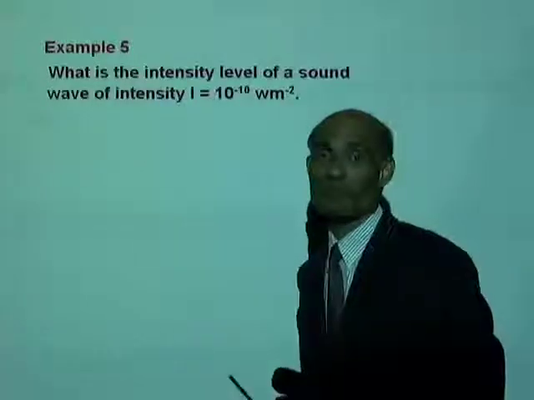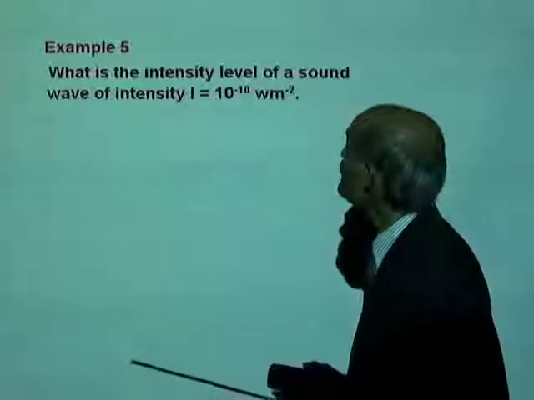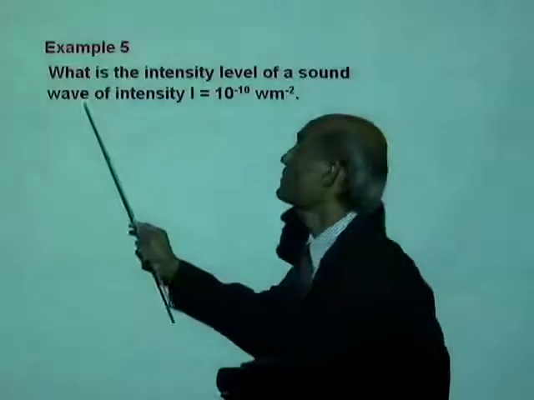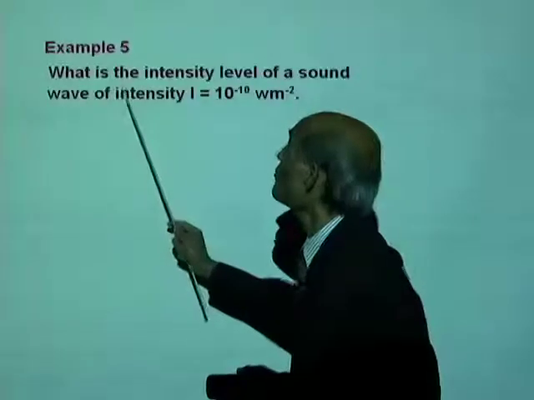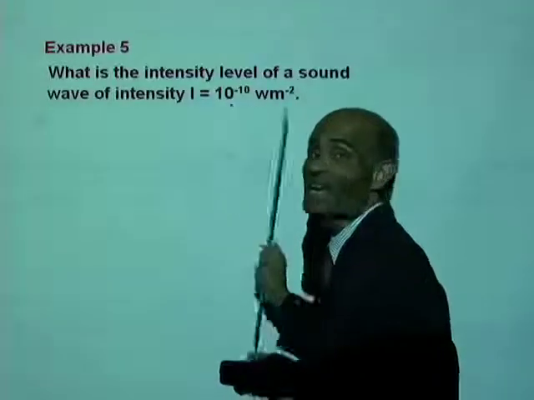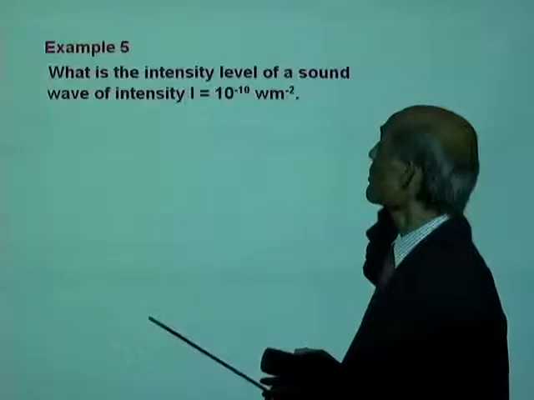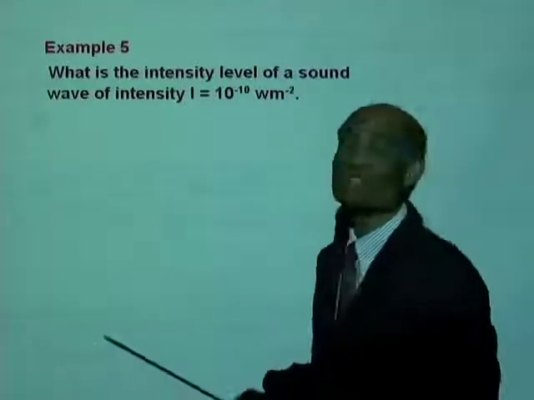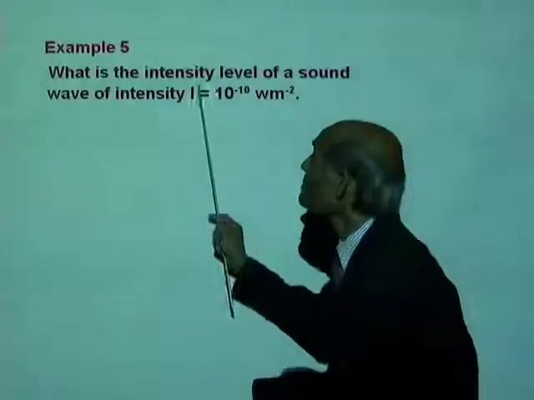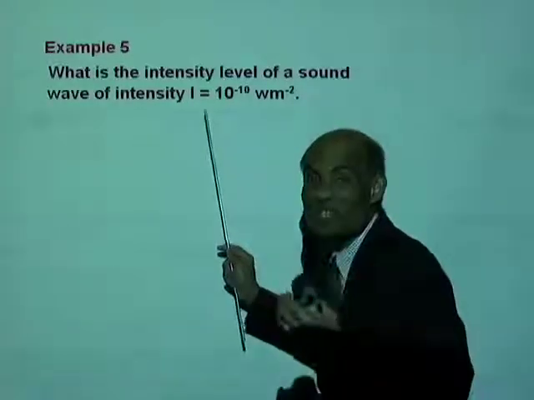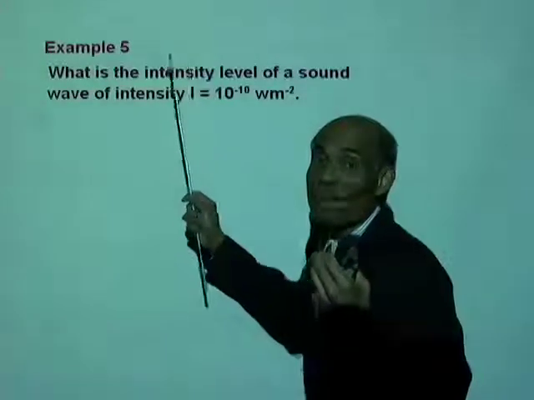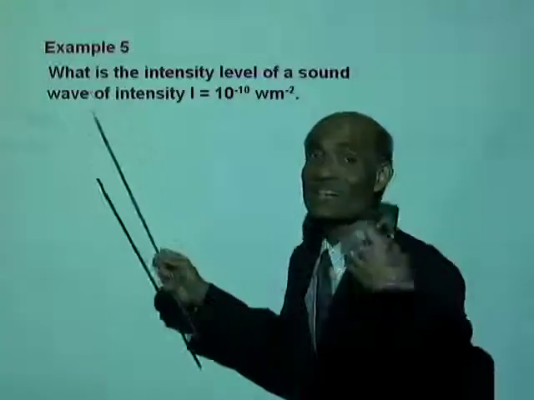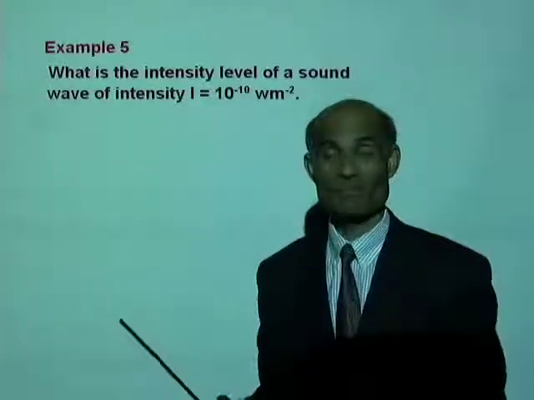Let's do another example. What is the intensity level of a sound wave of intensity I equal to 10 to the power of negative 10 watt per meter square? I have given you the value of intensity. I want you to find the value of beta, the intensity level.